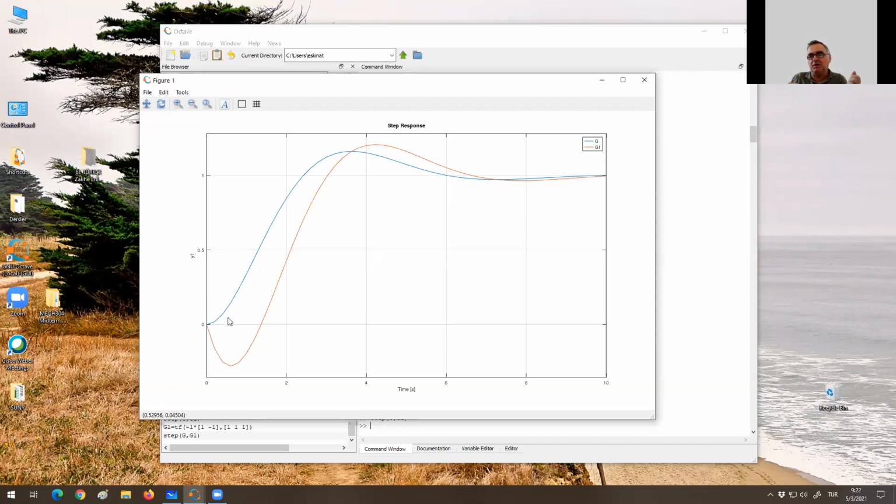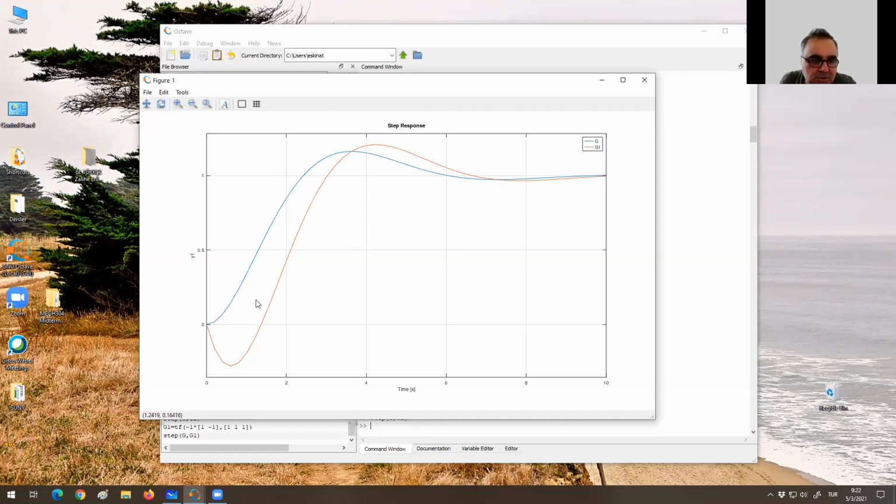You are driving a car, okay? You turn the steering wheel, let's say, towards the right, and then the car turns to the left. Actually, at very high speed, this can happen, okay? This is called an inverse response. But it happens for a short while, then it comes back to its original value.